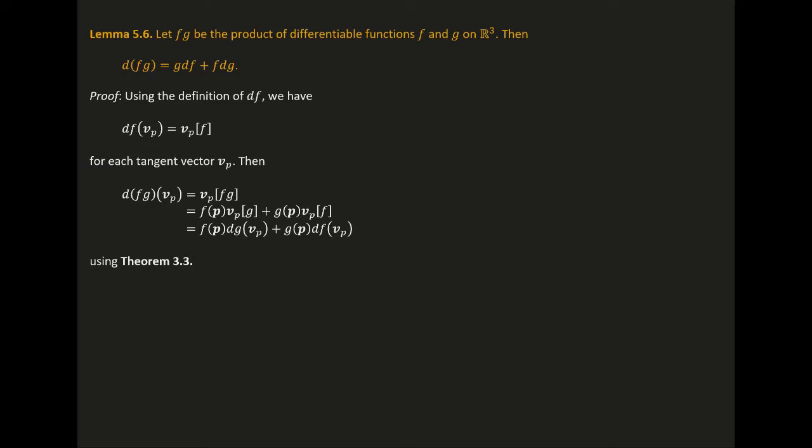Then we rewrite the differential of f times g applied to the tangent vector vp as a directional derivative. Then we use the product rule for directional derivatives, and then again use the definition of the differential to rewrite this in terms of differentials.